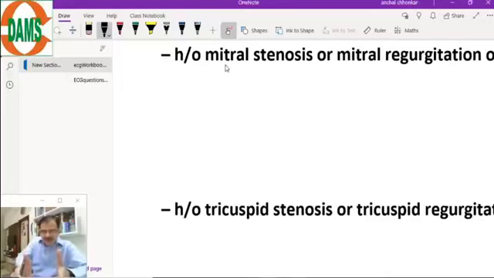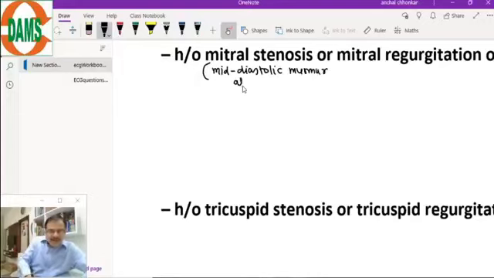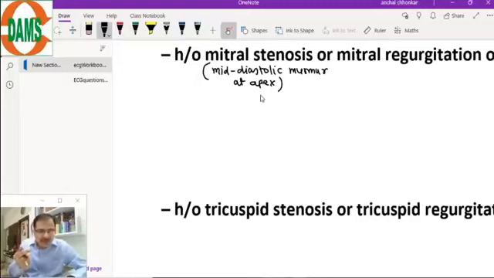It will be given in the question, or you can see there will be a mid diastolic murmur at the apex. So this will be the clinical information for mitral stenosis. There will be a mid diastolic murmur at the apex.